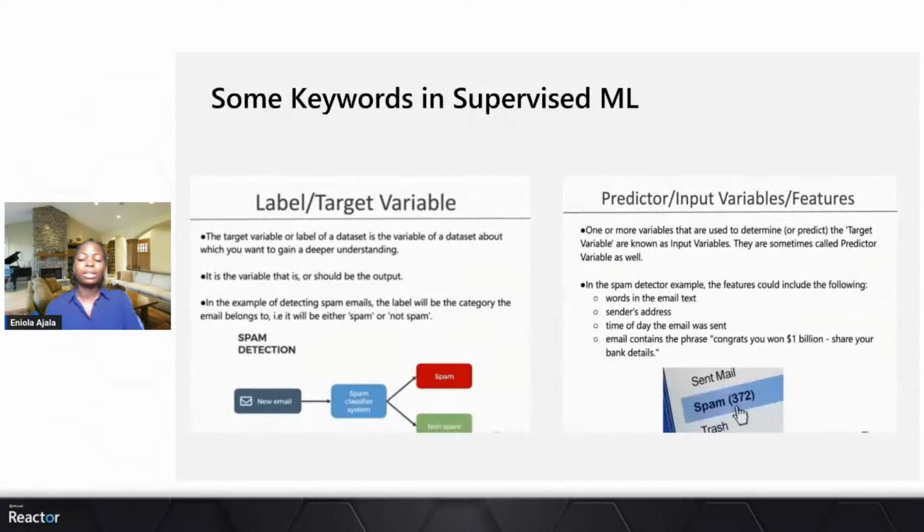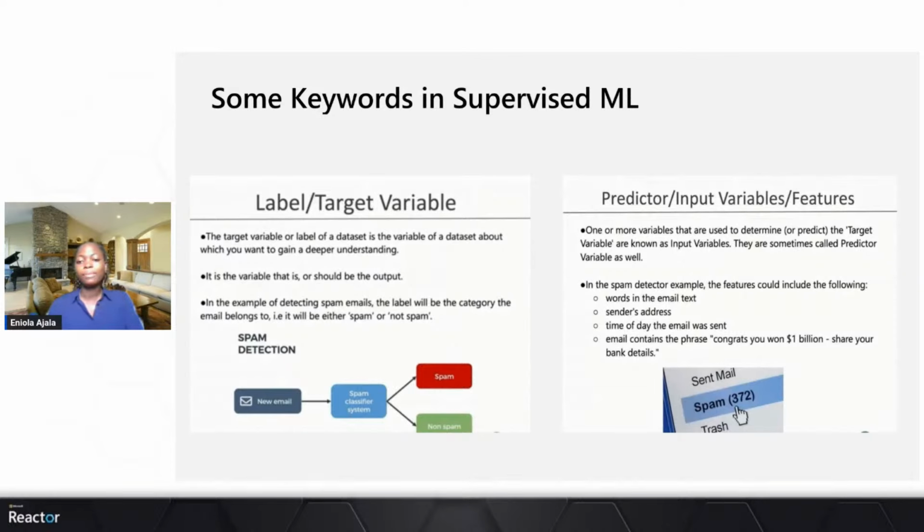So for the spam detection example, for the input variables, we can have columns like words in the email text, the sender's address, time of the day the email was sent. Email contains a phrase like "Congrats, you won 1 billion." Actually, this kind of email looks like a scam or a fraud.